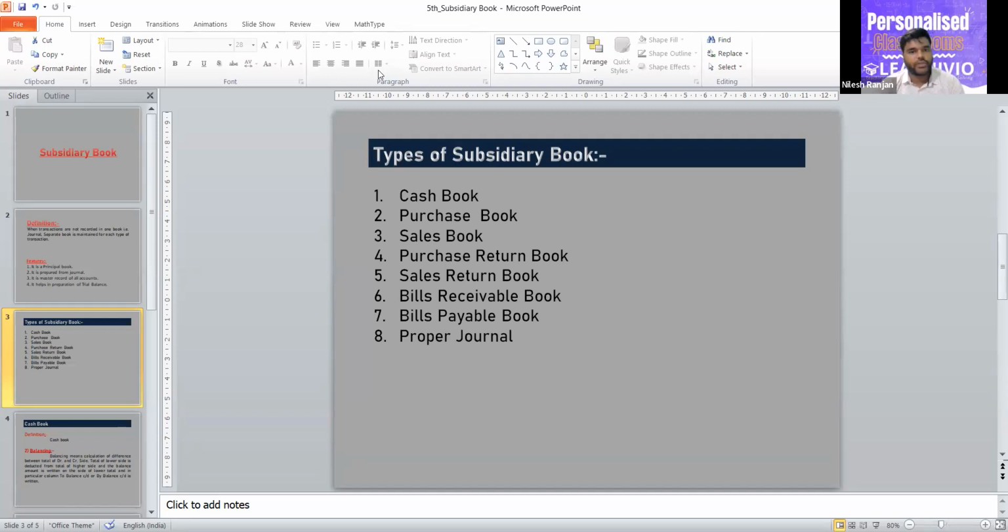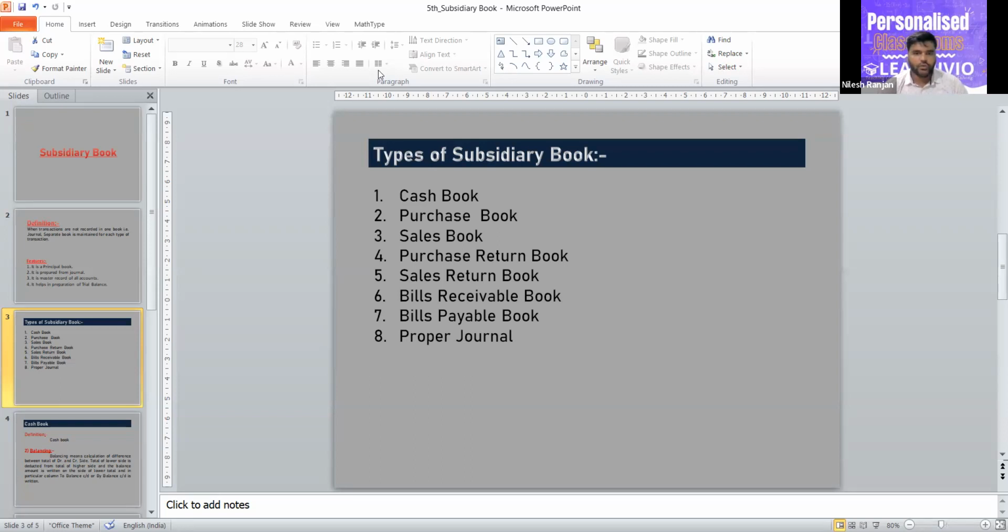Purchase or sale account is always used for goods, which is our main business. If we are doing business of clothes or ready-made garments, then purchase and sale will be used only for garments. So for purchase of assets on credit, we don't use the purchase book. In the purchase book, we only record credit purchase of goods.